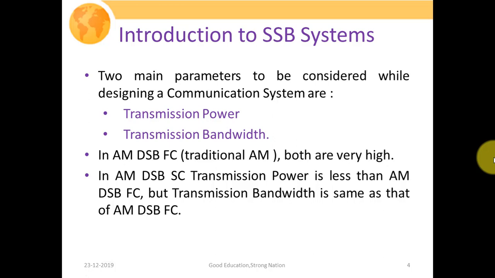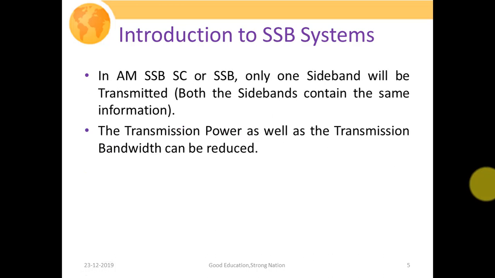In the AM double sideband suppressed carrier transmissions, power is less as we are suppressing the carrier signal in comparison to the double sideband full carrier system. But the transmission bandwidth is the same since we are passing both the sidebands. In amplitude modulated single sideband suppressed carrier systems, or single sideband systems, only one sideband will be transmitted.